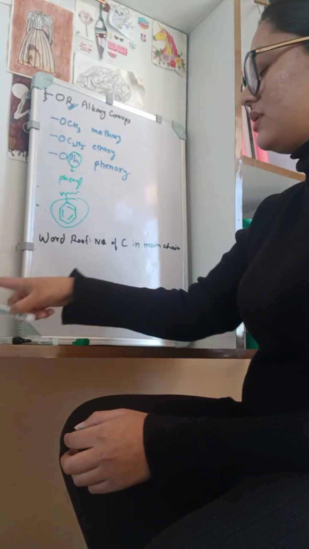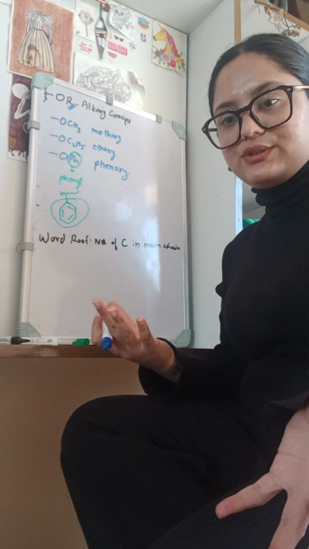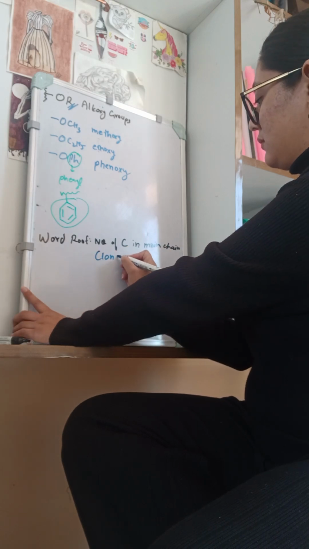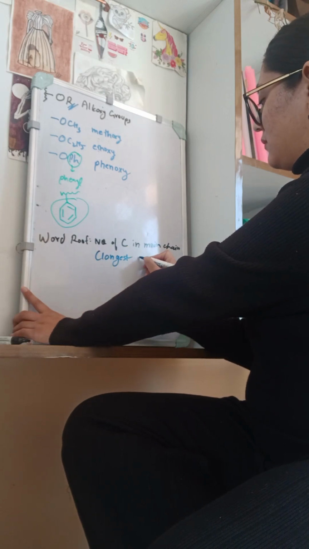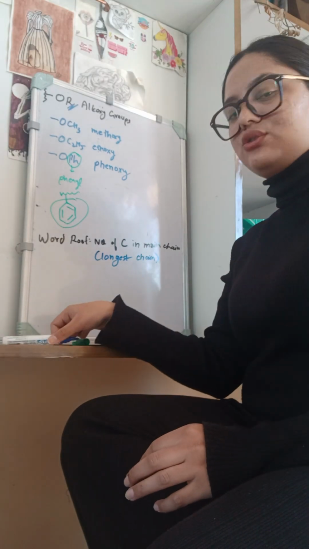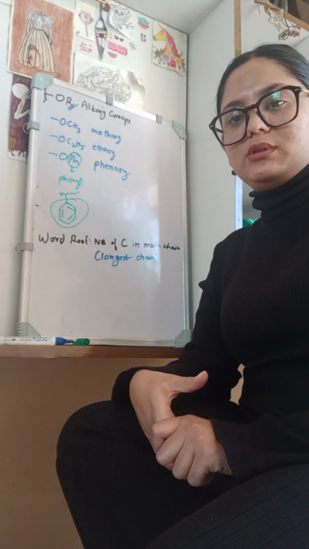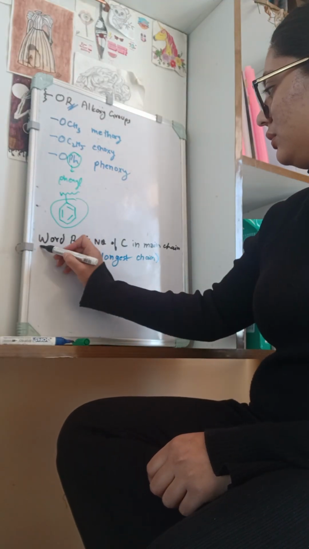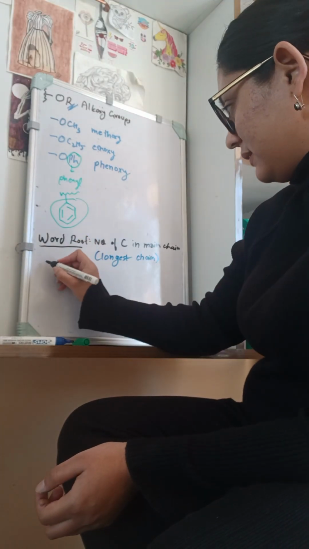The main chain is basically the longest chain. The first rule to find a main chain is that it should be the longest chain possible. Now for word root, you should remember these.